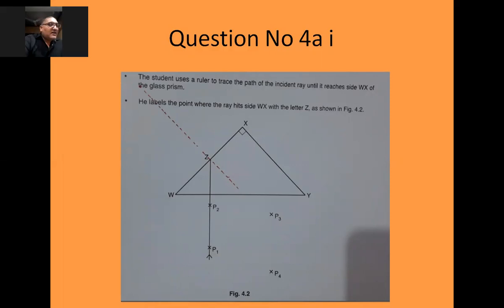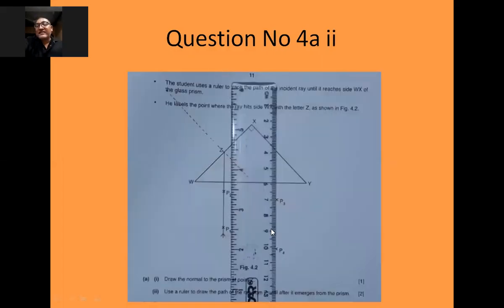Then we have the second part. It says use a ruler to draw the path of the ray from Z until after it emerges from the prism. So here we have pin 3 and pin 4, they are on the emergent ray. So let's learn my technique: I have first joined these pins, pin 3 and pin 4.